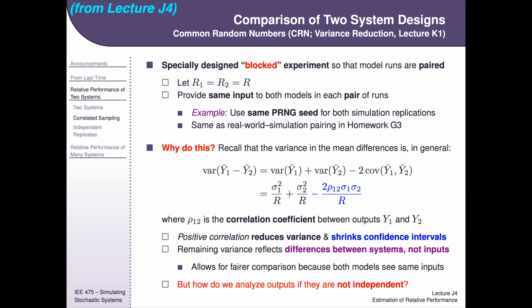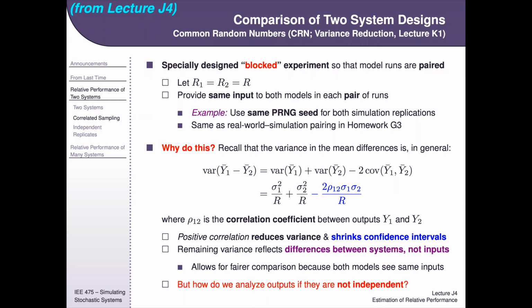Now, if we did not run the same inputs into both, this covariance term would be 0 because there'd be no relationship between model 1 and model 2. But because we're running the same inputs into both, we are inducing a correlation between them. If that correlation is positive, so when things get harder for system 1, they get harder for system 2, that has the benefit of reducing the variance on this difference.